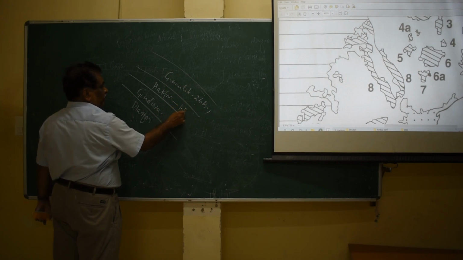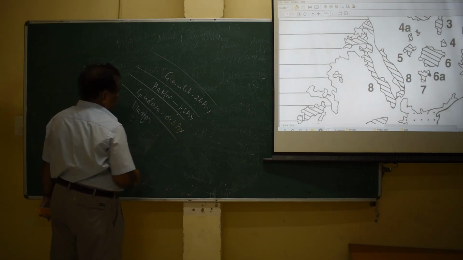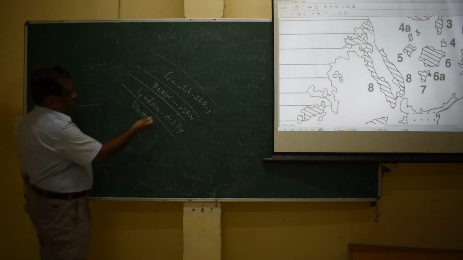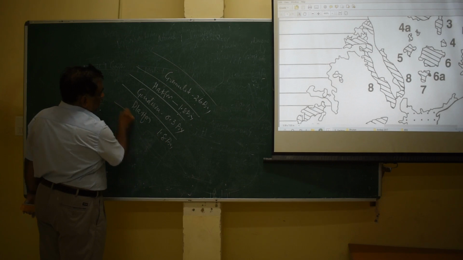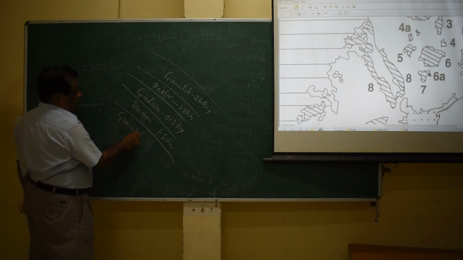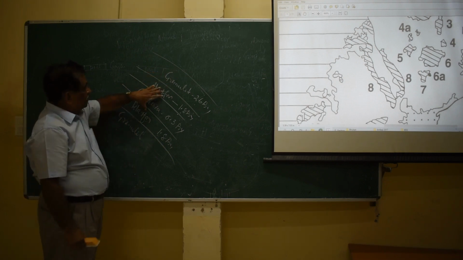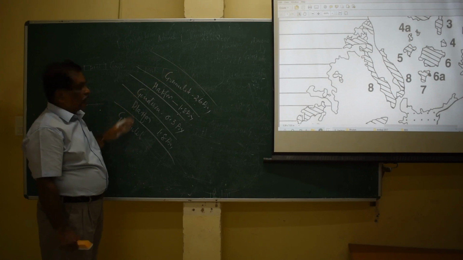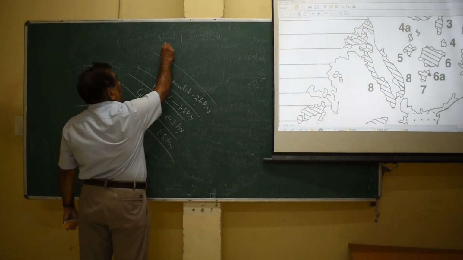Platform is 1.8 billion years. Gondwana is 0.3 billion years. Like this, again if you come this side, again platform, again granulite. So this occurs as a pair. You see, platform, granulite.